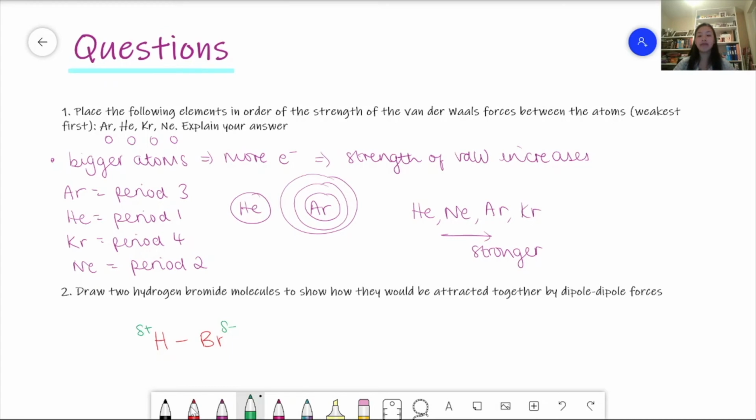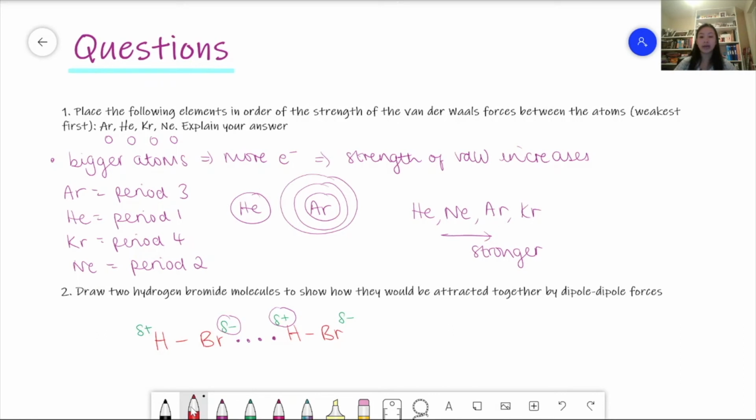And so if we had another hydrogen bromide molecule here, which had the same thing, then this partially positive charge would be attracted to this partially negative charge. And so we would get a permanent dipole-dipole attraction between these 2 hydrogen bromide molecules.